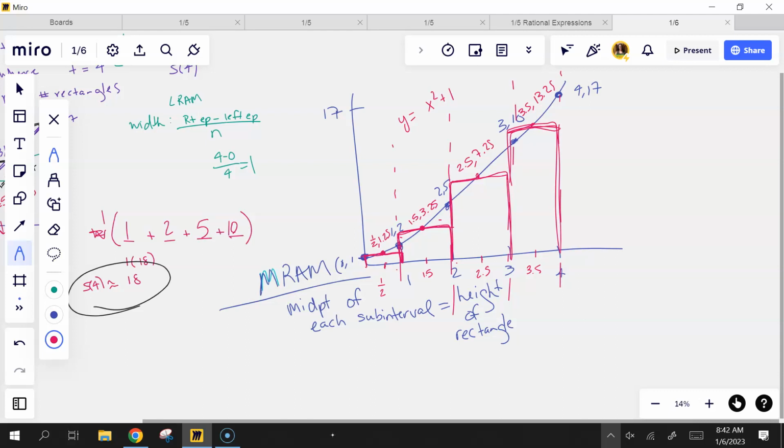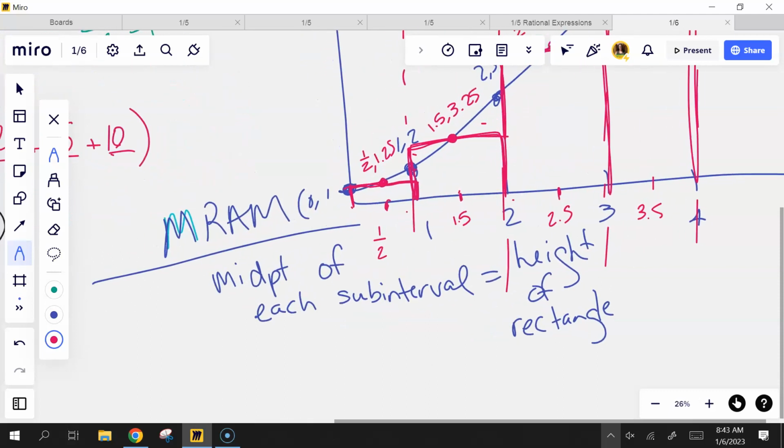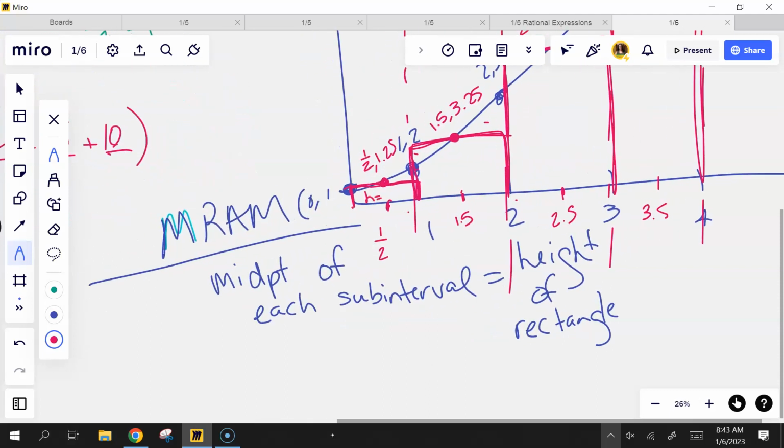Does that make sense? I did all that, one, to show you how the rectangles work, but two, I needed those y values. Why did I need those y values? Those are the heights of the rectangles. So the height of this first one is what? 1.25.